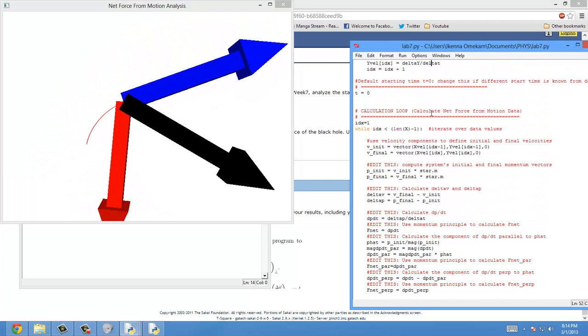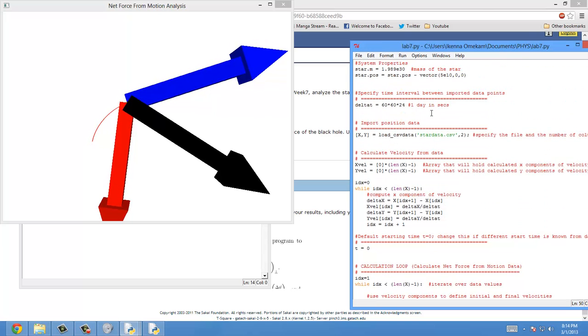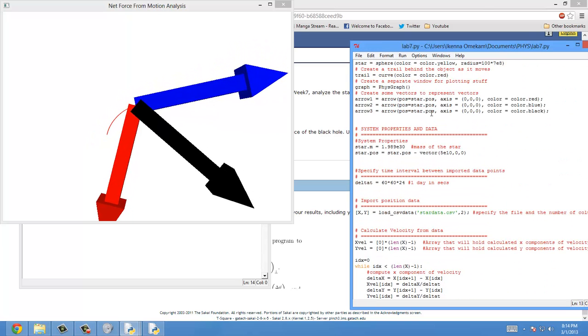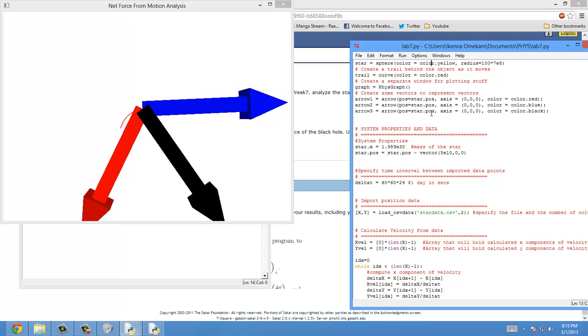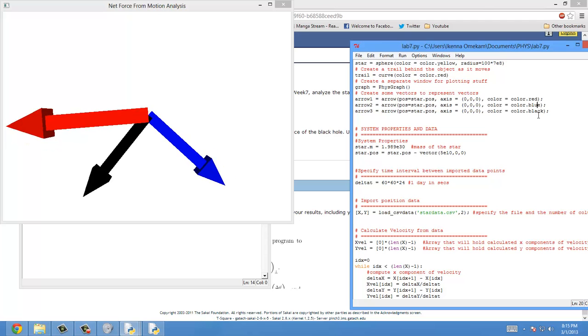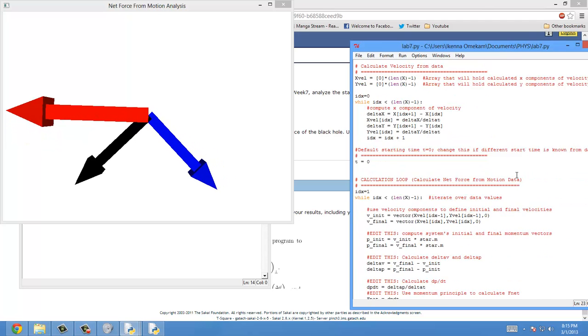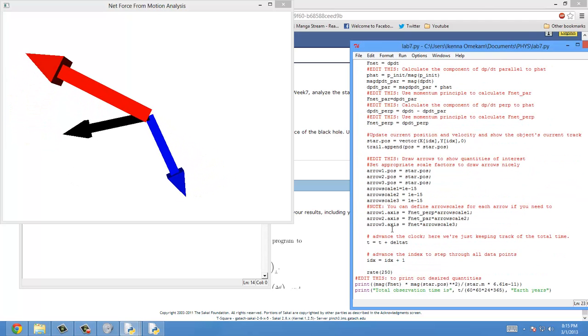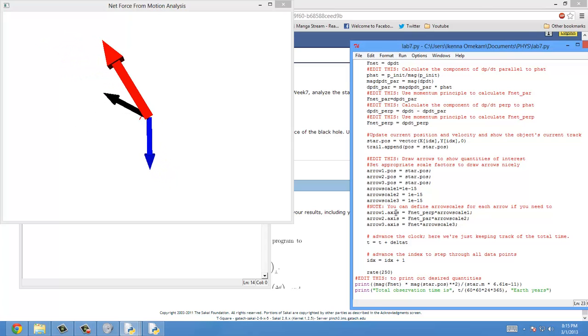As you can see here, I set my arrow 1, which represents the perpendicular, arrow 2 is parallel, and arrow 3 is, of course, the net force.